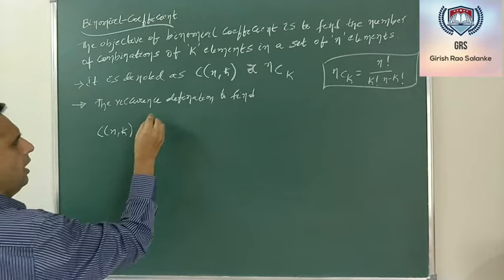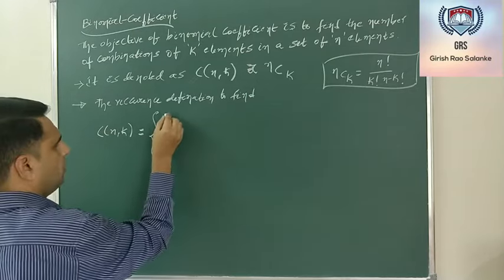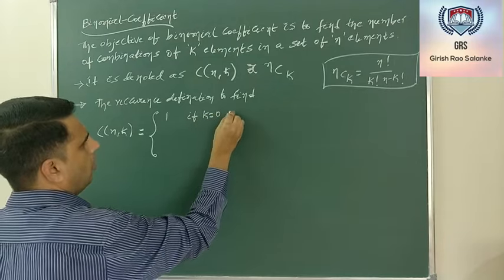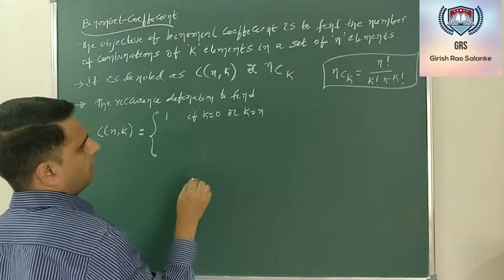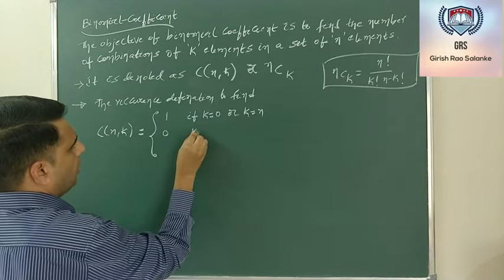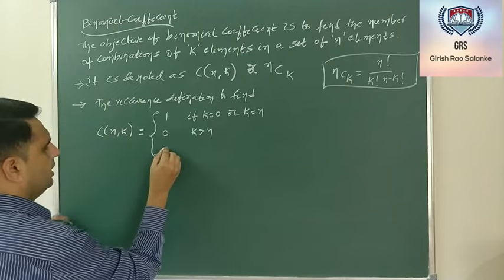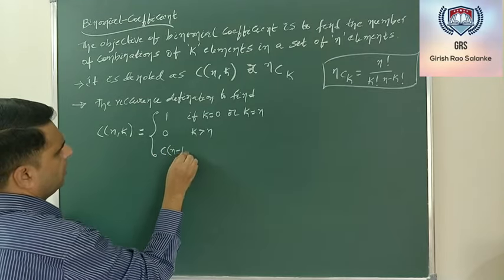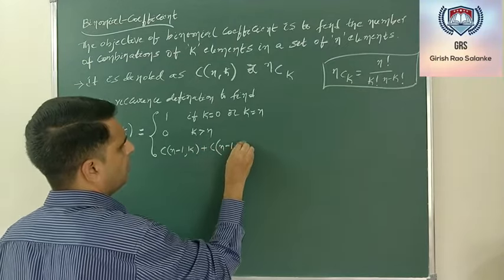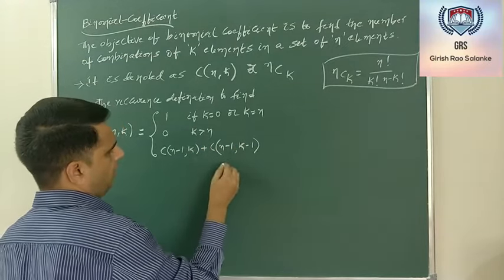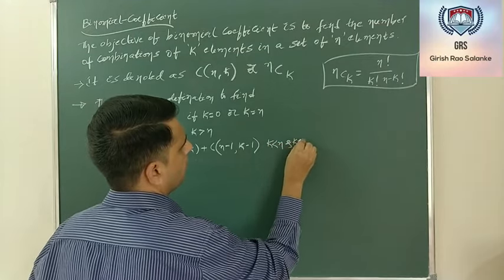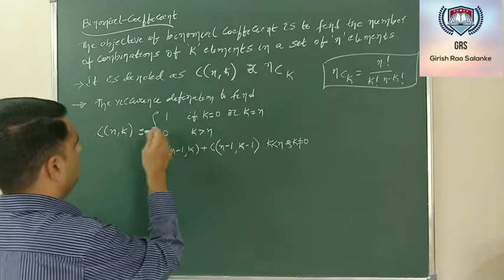C of n comma k is equal to 1 if k is equal to 0, or if k is equal to n, and it is 0 for all k greater than n. If not, it is C of n minus 1 comma k plus C of n minus 1 comma k minus 1. For k equal to 0, it should be 1.